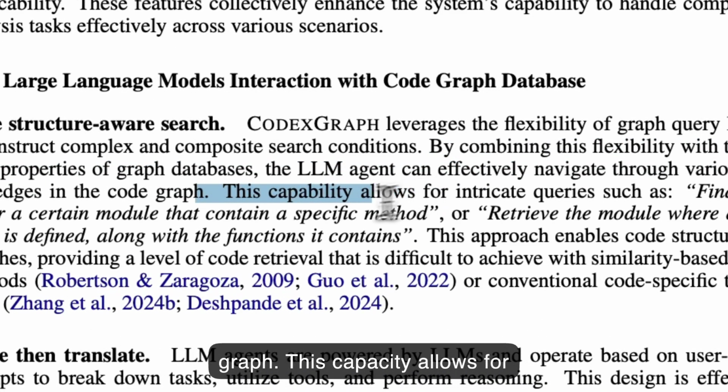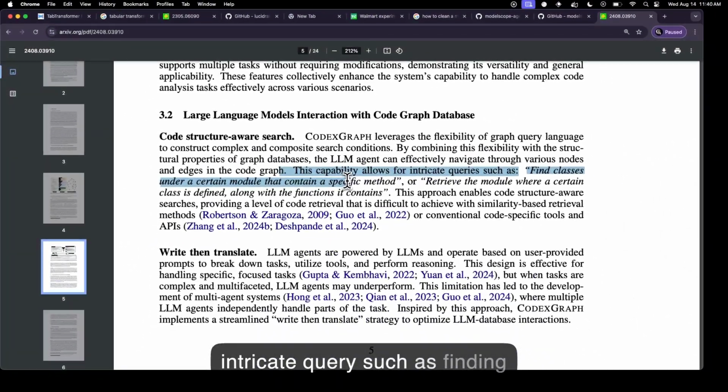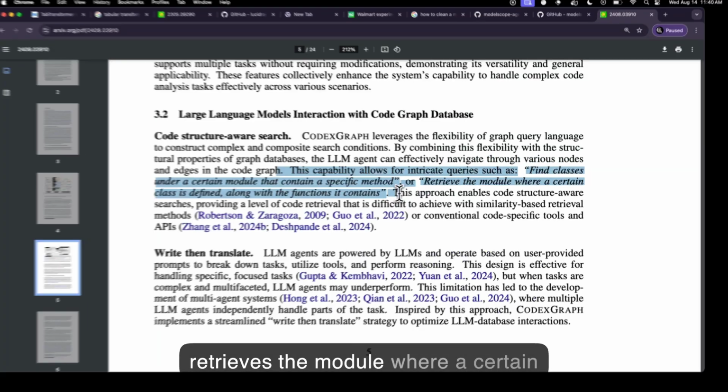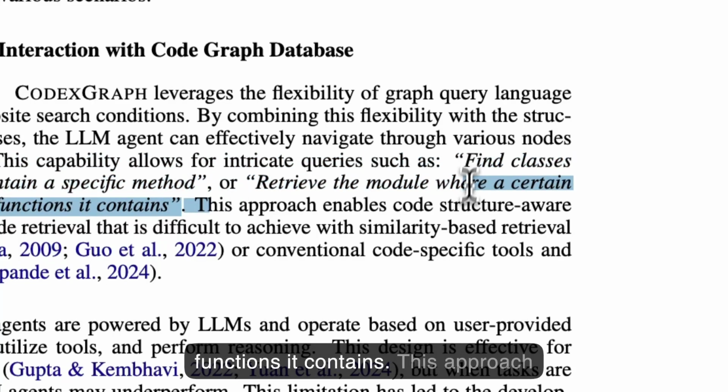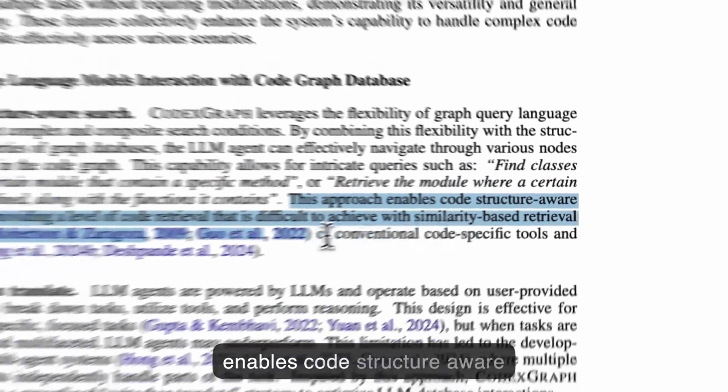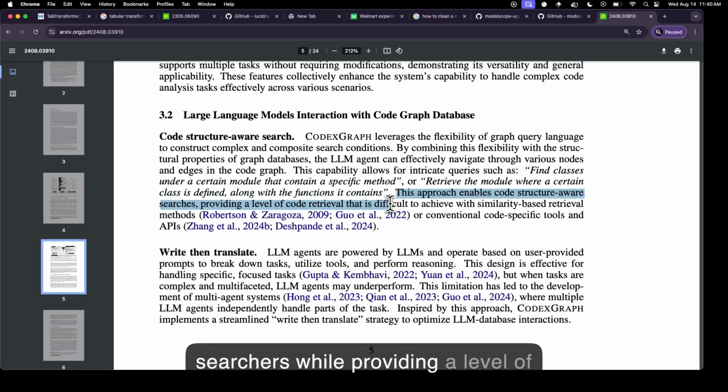This capacity allows for intricate queries such as find classes under a certain module that contain a specific method, or retrieve the module where a certain class is defined along with the functions it contains. This approach enables code structure-aware searches while providing a level of code retrieval that is difficult to achieve with similarity-based retrieval methods.